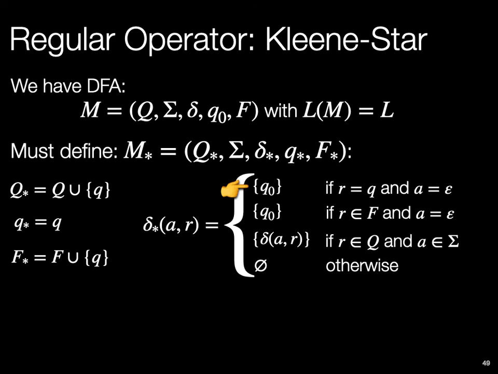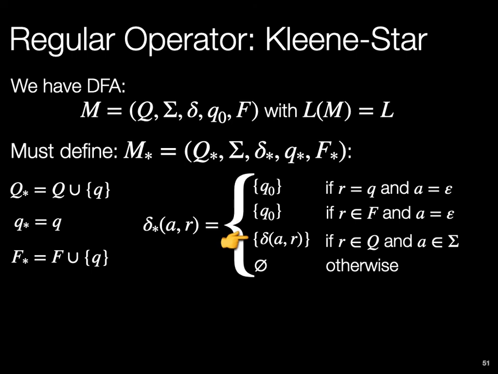Similarly to the other regular operators, we must update the transition function with new transitions. In the case where the input state is the new start state, we add a transition to the original start state on an epsilon. We also add an epsilon transition from each final state of M to M's start state.